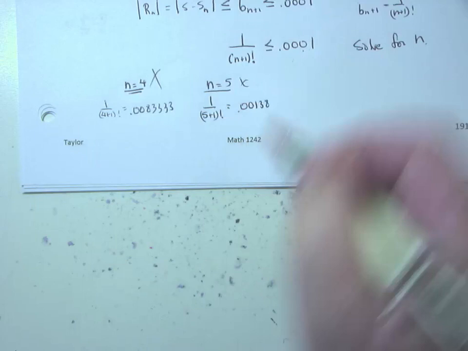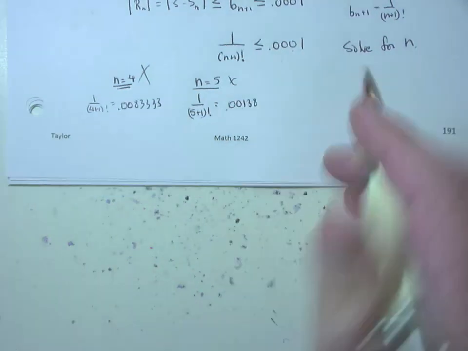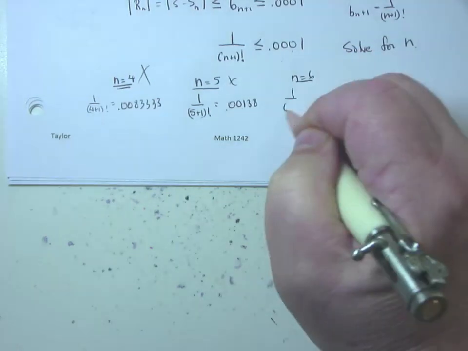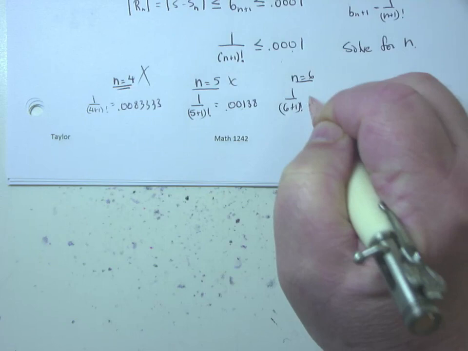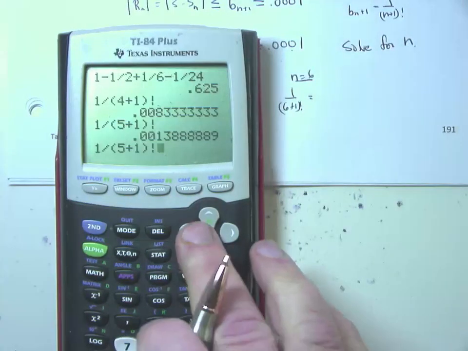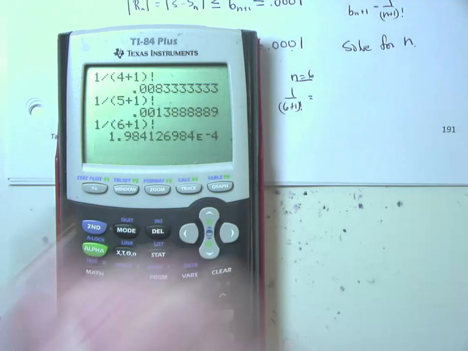No, it's not. It's 0.001, and this is 0.0001. So not going to be that guy. So let's try the next guy. n equals 6. This will be 1 over 6 plus 1 factorial. And that's going to be, recall this thing back down, 1 over 6 plus 1, which is 7. 1 over 7 factorial is, what is this guy?